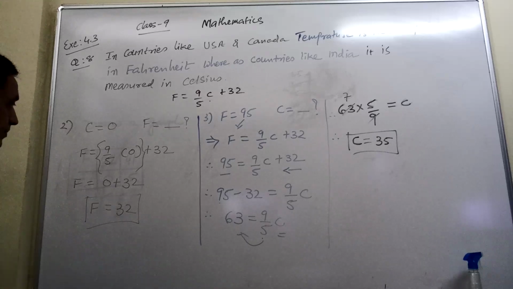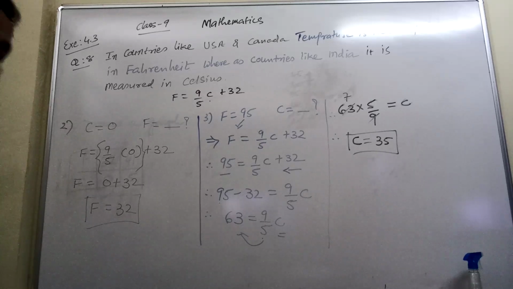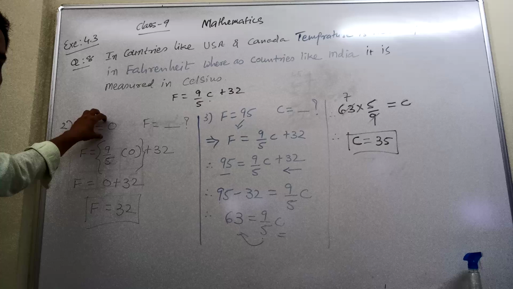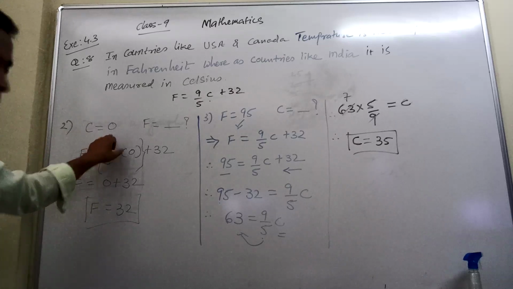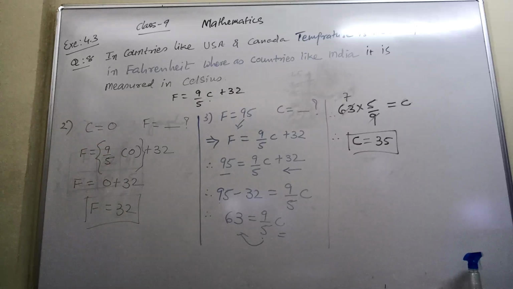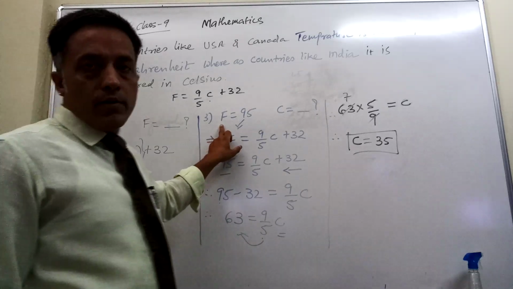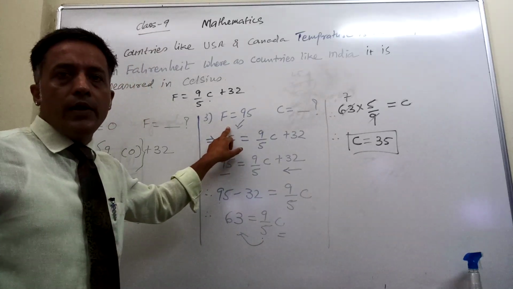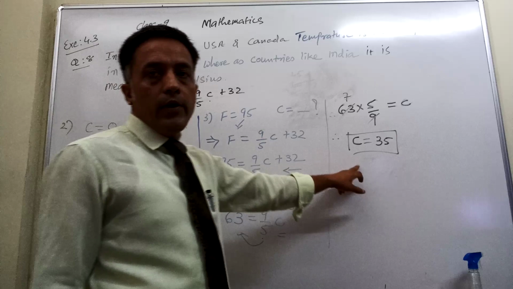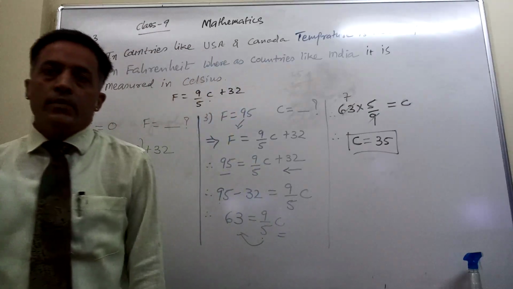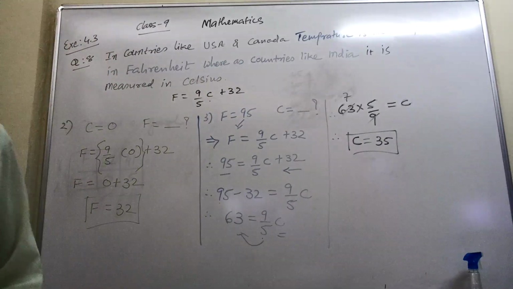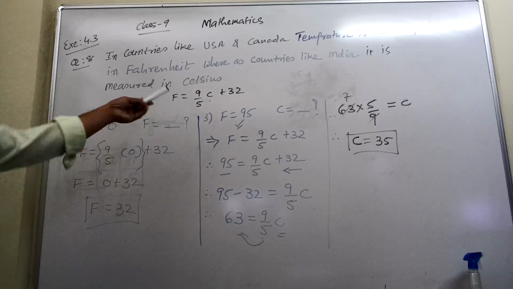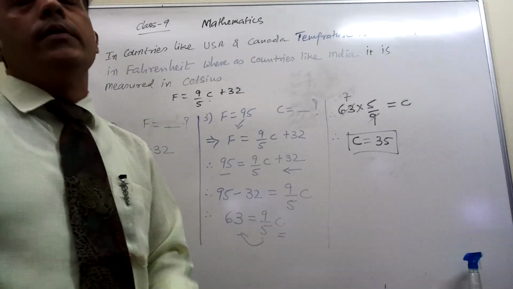Dear students, here you can see that when I have C equal to 0, I got 32. When I have 95 as the value of Fahrenheit, I get the value of C as 35. The interesting part of the linear equation is that a linear equation itself is a condition.